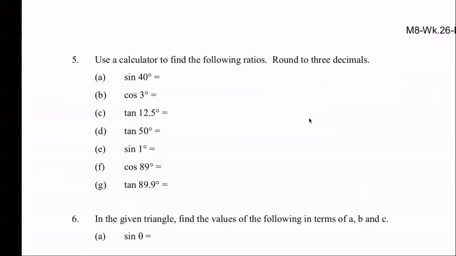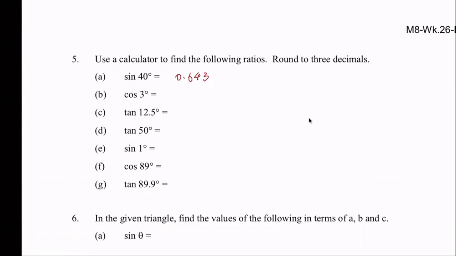Question 5, there's nothing to explain, right? You just use a calculator to find the following ratios. For example, sine 40 degrees is close to 0.6428. Oh, it says round to 3 decimals, so that'll be 0.643.